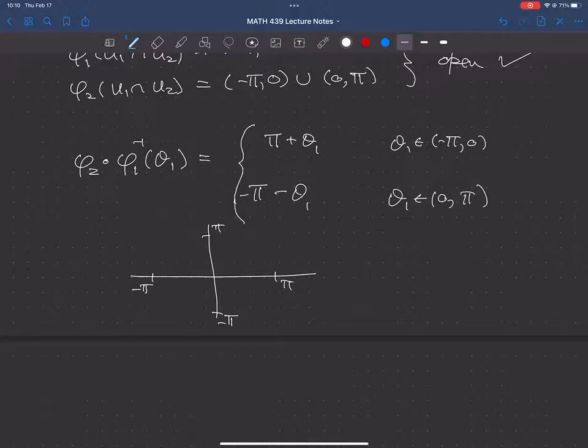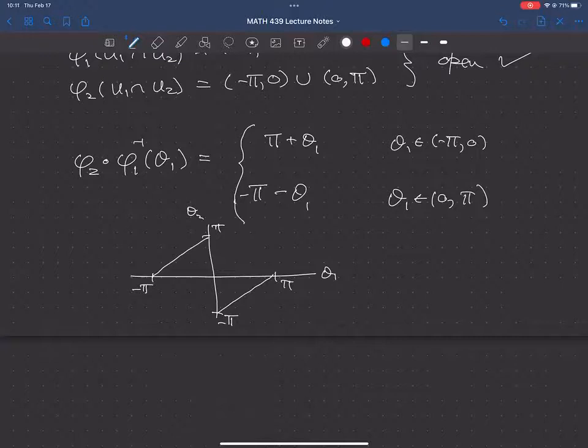I'm plotting here theta 1 against theta 2. On this segment, theta 1 goes from minus pi to 0 and it goes from pi down like this. And then on the other segment, when theta 1 is 0, it's minus pi, so it goes like this. Now, the question is, is this smooth?